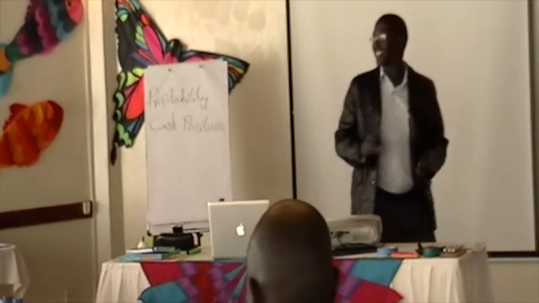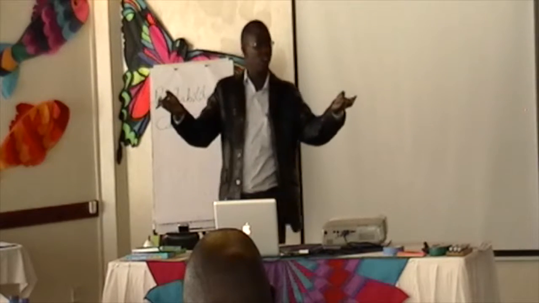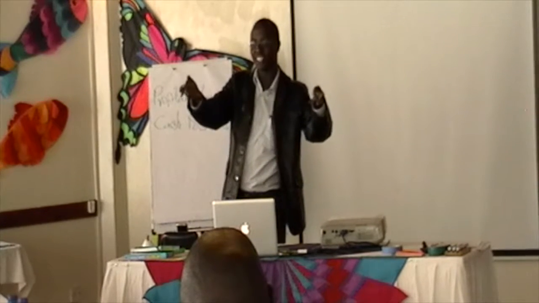So your selling price and the cost. When you subtract the cost, you are left with a profit. And a cash position is cash which you have at hand. Anyone who has stood up after that explanation?